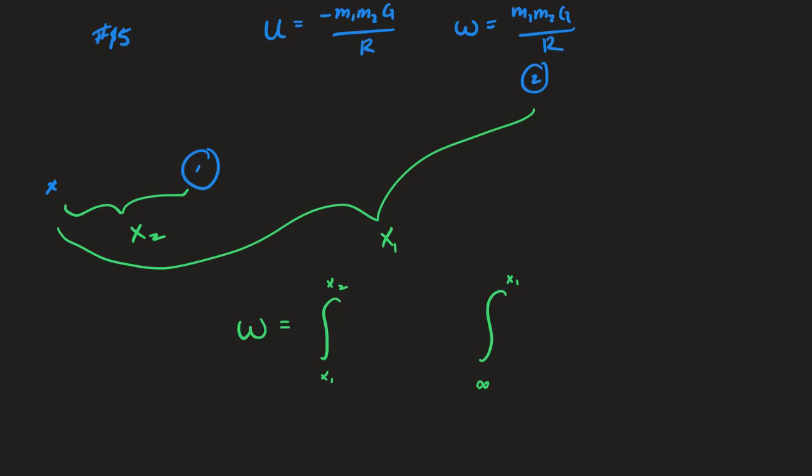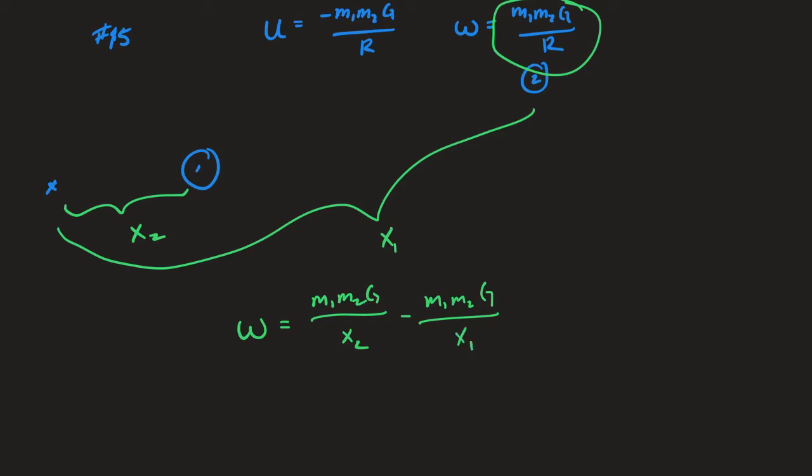But I think you guys understand that once I realize that this is the work done in going from infinity to a location, subtracting that amount of work will give me how much work is done in going from one to the other. So it would be m1 m2 g over x2 minus m1 m2 g over x1.